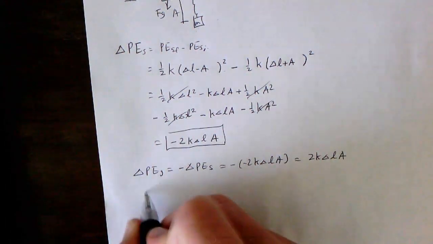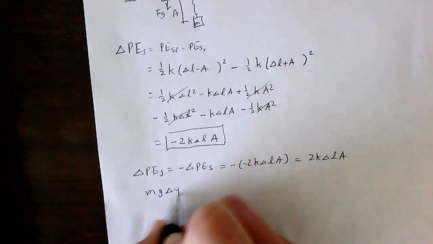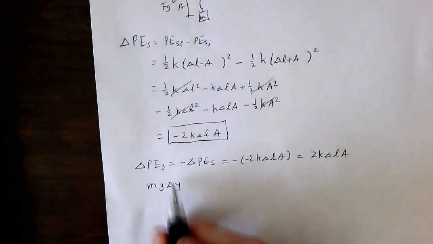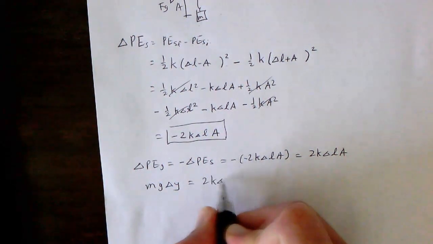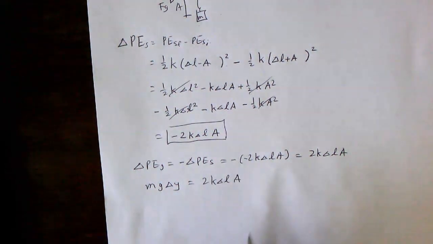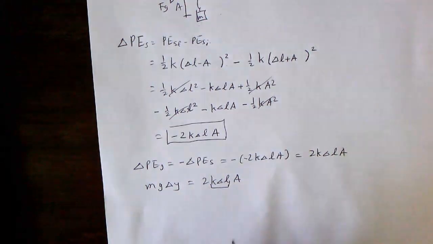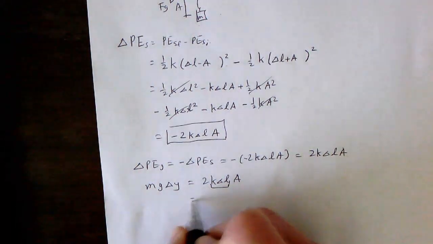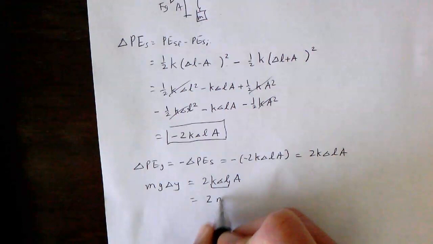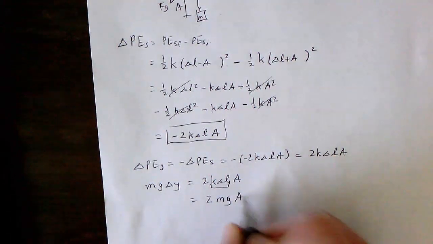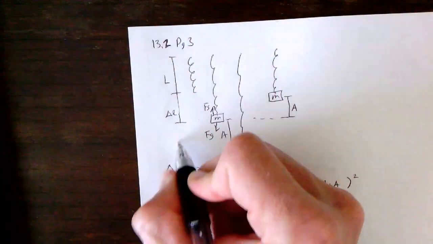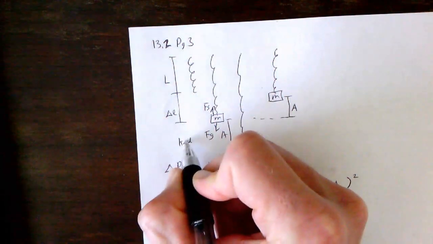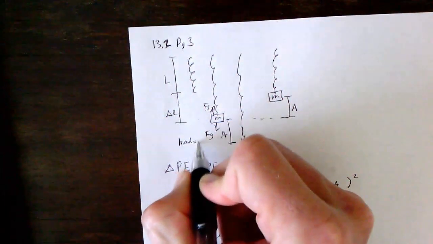And all this has to be equal to mg delta y, right? How much it moves up or down is 2K delta L times A. But there's that K delta L again. So this K delta L is also mg, because remember, this spot here, where the spring force up equals gravity down, is K delta L, because delta L is delta X, equals mg.